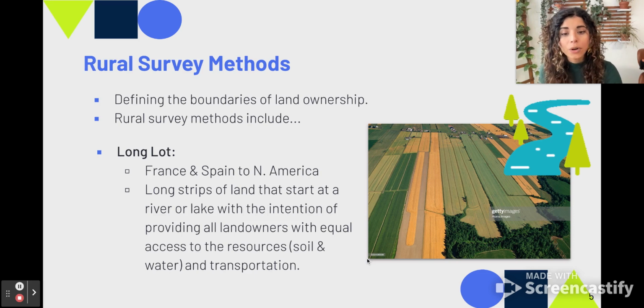So in order for, let's say, all the farmers to be able to benefit from this source of water and use irrigation for their farm, they'll start with a plot of land with the river or lake, and have that narrow strip move outward from that body of water. It's the same idea with transportation networks. Let's say there's a main road, then the farms will be on narrow plots off of that main road, so that everybody has access to that transportation. This is meant to be able to access resources like water, or transportation like highways or even railroad lines.